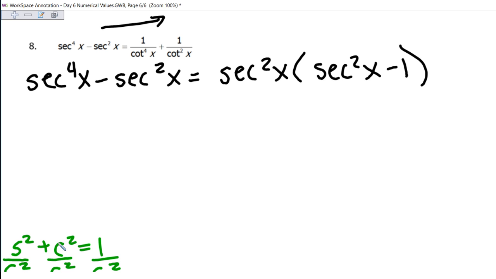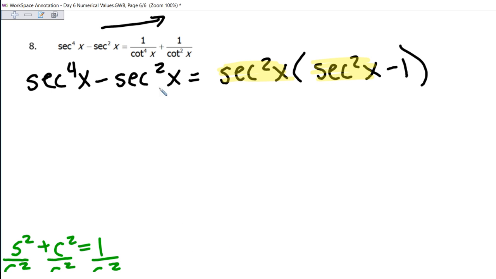Cosine squared divided by cosine squared would be 1, and 1 over cosine squared would be secant squared. So over here, I can replace both of these secant squareds. So both of these are going to be replaced.